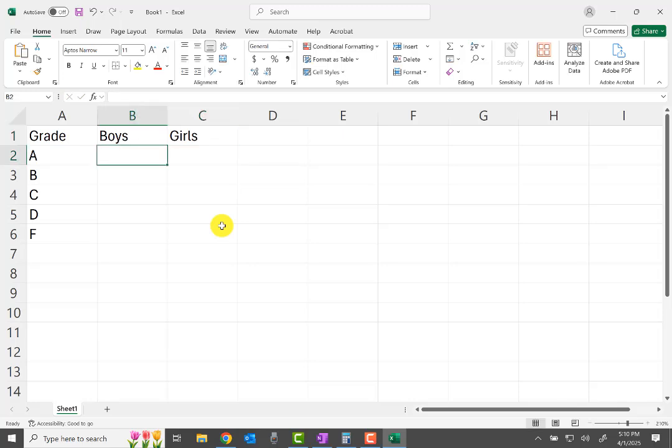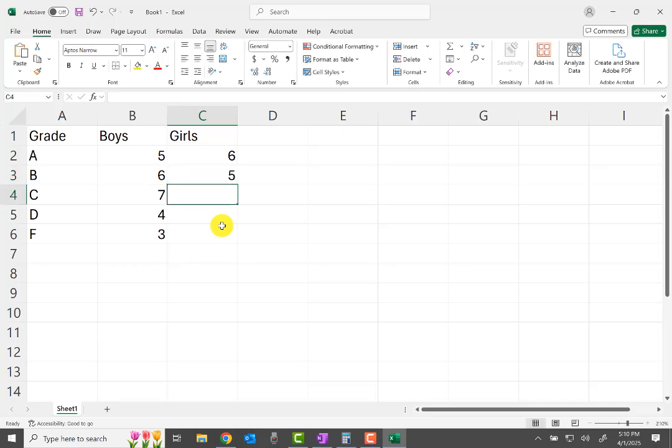And the boys, I'm just going to make some numbers up. 5, 6, 7, 4, 3. And the girls will make this 6, 5, just so they're different.